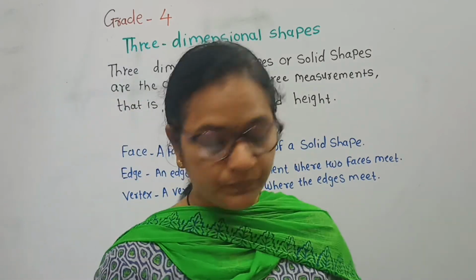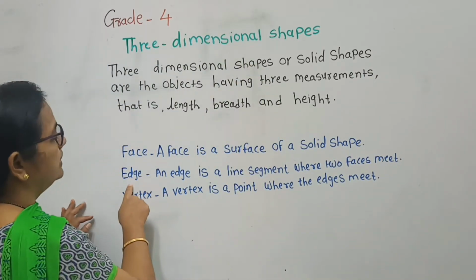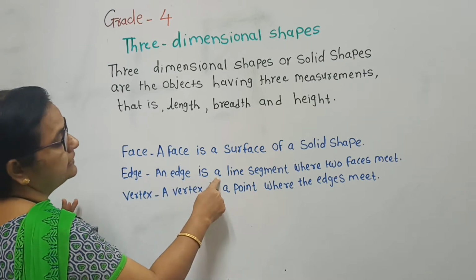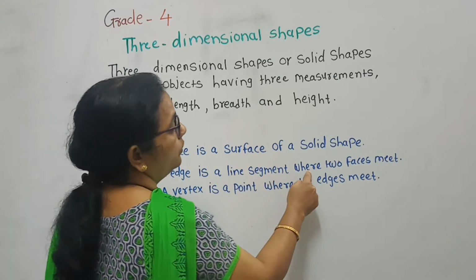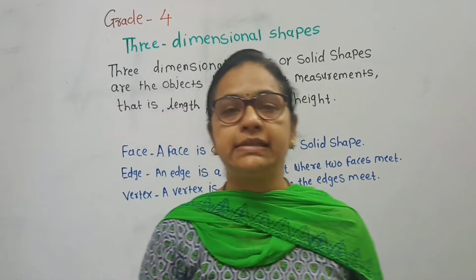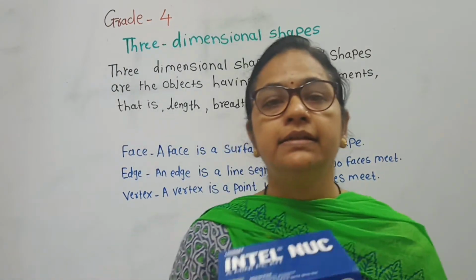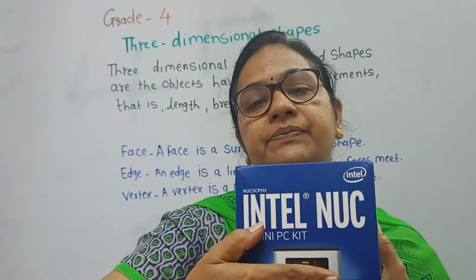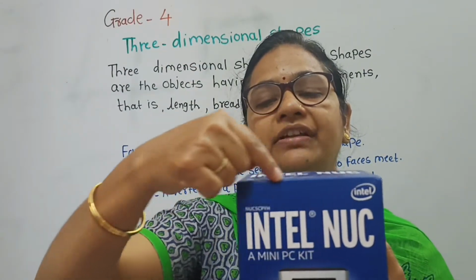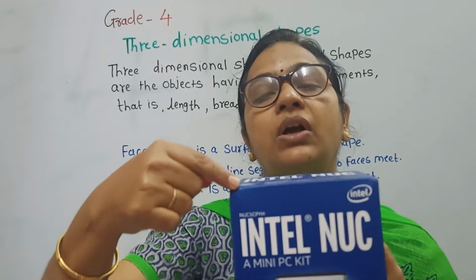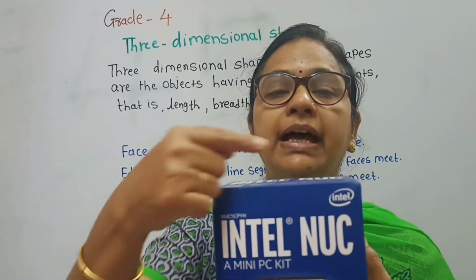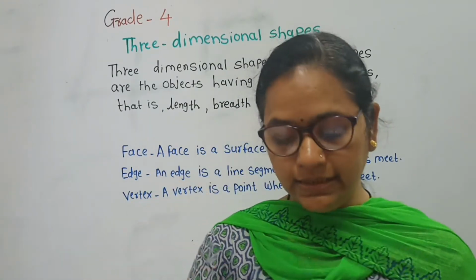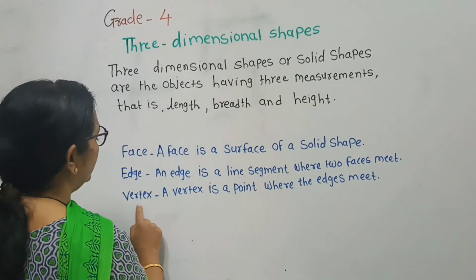Okay, then edge. An edge is a line segment where two faces meet. See here in this cube, this face and this face, where they join, it is called an edge of that shape.